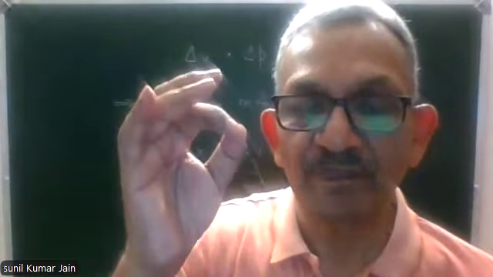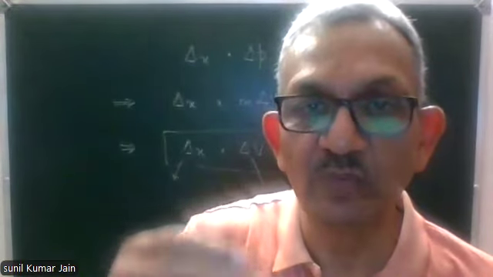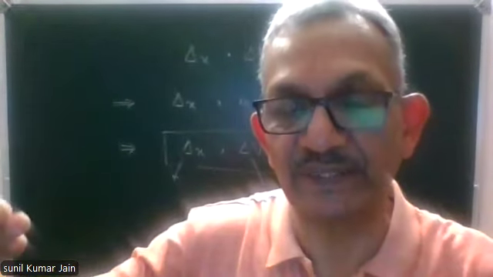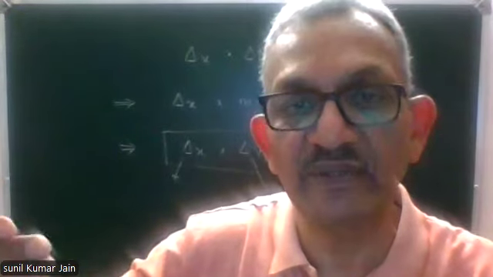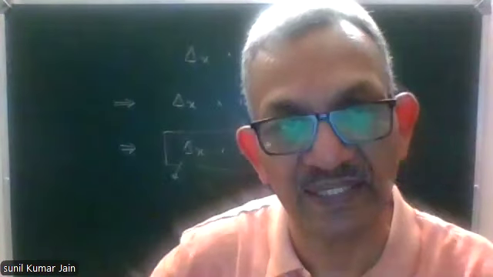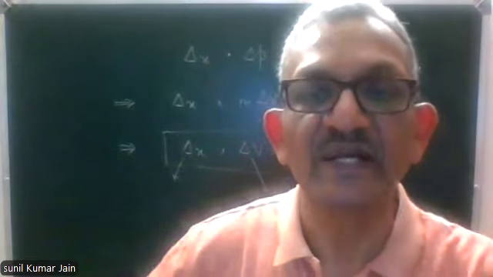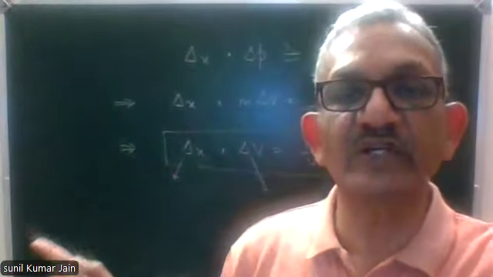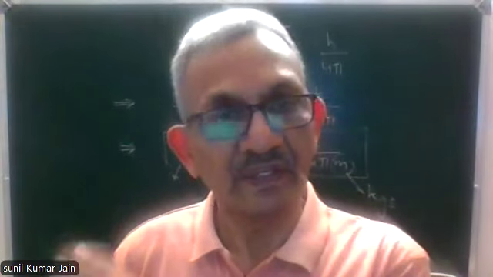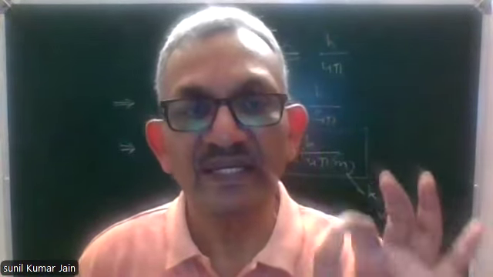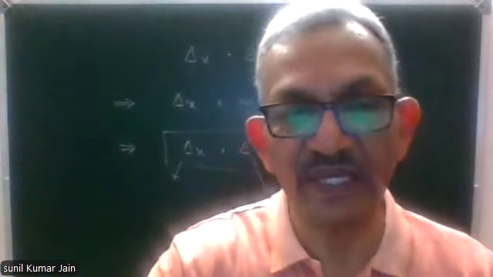If we determine one value more and more accurately, meaning lesser and lesser error, then the error in the other value will increase. First you write this much, then what is the reason? I'll explain and dictate to you.